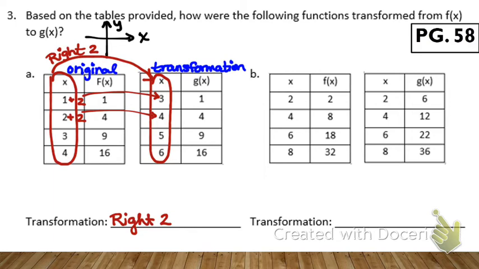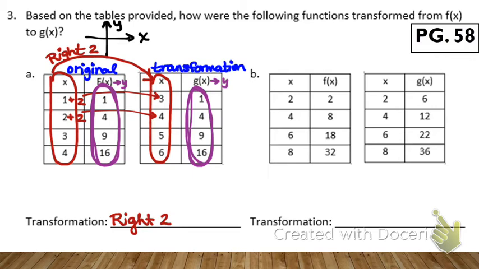This other column that says f of x and g of x, this is just the same thing as y. That's function notation that they're using, but they're talking about the y parts of these ordered pairs. So now I'm looking at the y column on my original table, and I'm looking at the y column on my transformed table. What do you notice about those 2 columns?